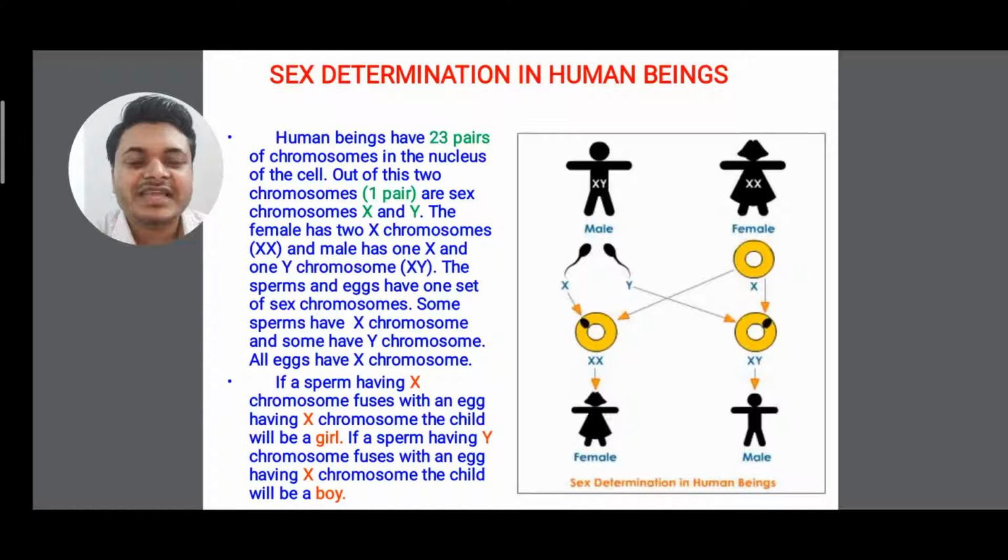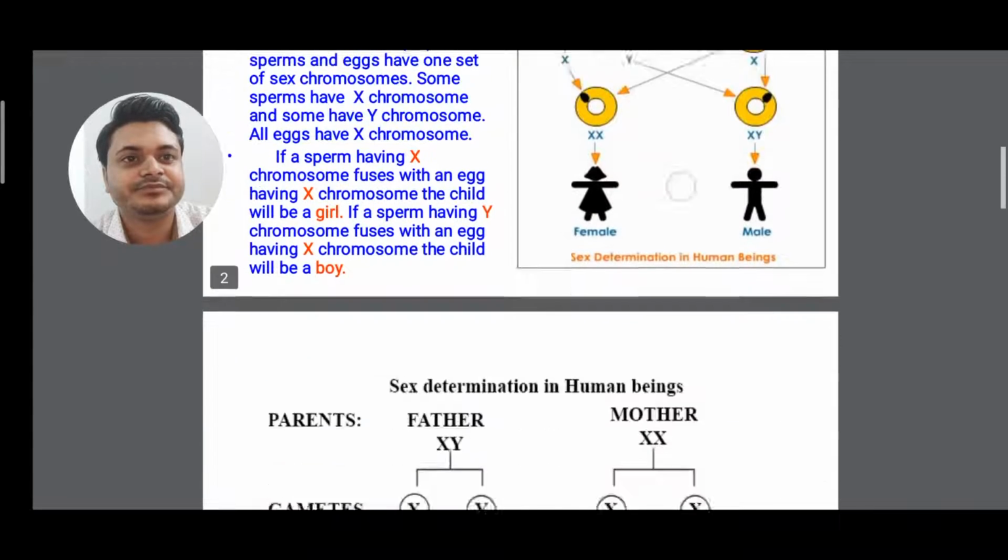If a sperm having an X chromosome fuses with an egg having an X chromosome, the child will be a girl. And if a sperm having a Y chromosome fuses with an egg having an X chromosome, the child will be a boy. So if a female is born, the 23rd pair of chromosomes is XX, and if a male is born, the 23rd pair, that is the sex chromosome, is XY.